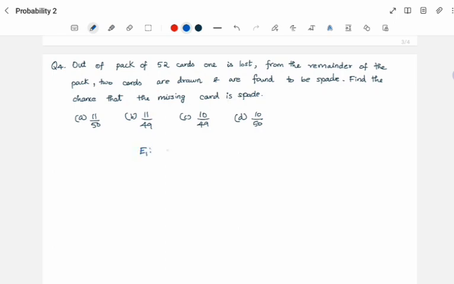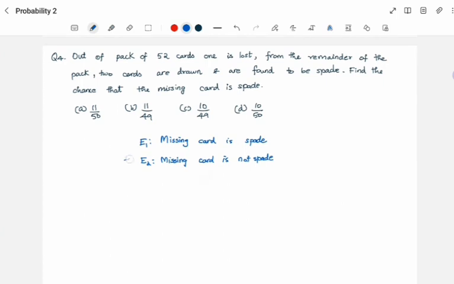So I'll consider these events. E1 is the missing card is spade. E2 is the missing card is not spade. So if you see, E2 is the non-event of E1, correct? Because they are complements of each other and together they form the entire sample space.